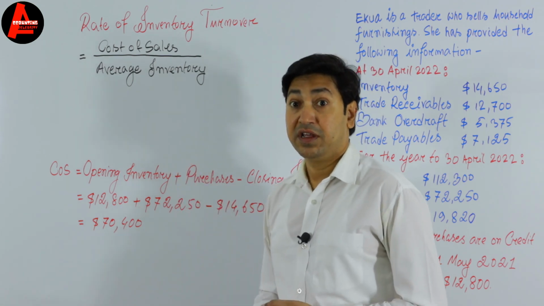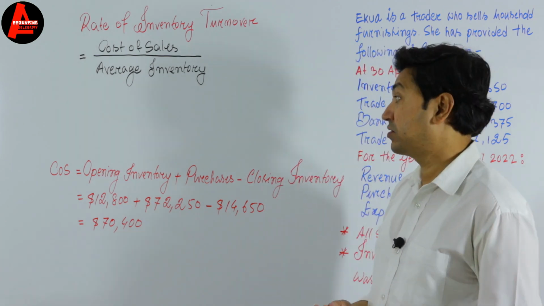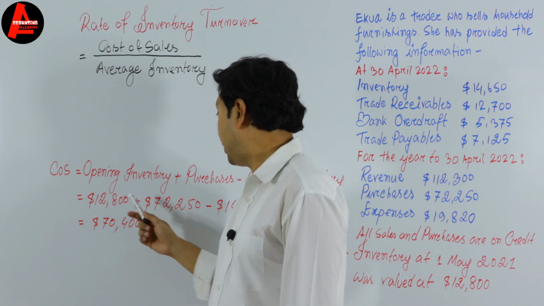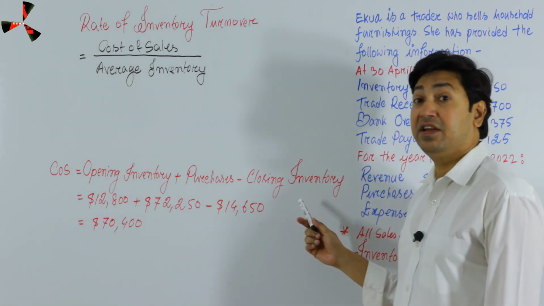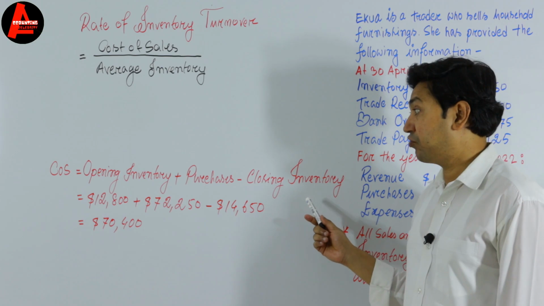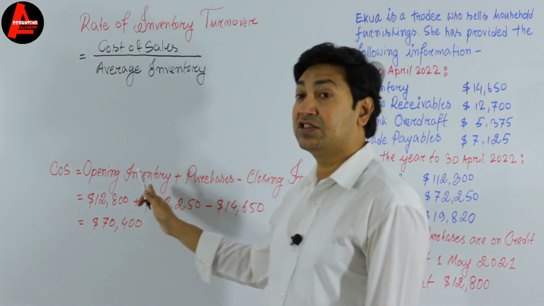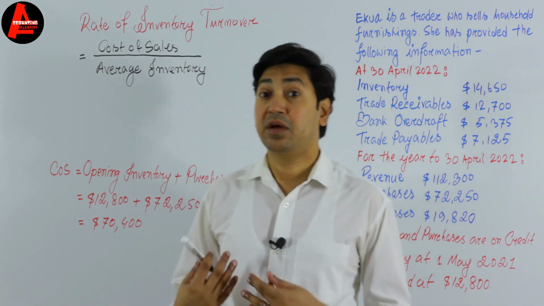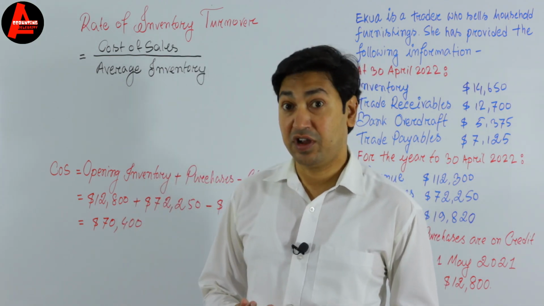Okay, so firstly, how to calculate cost of sales? We know cost of sales equals opening inventory plus purchases minus closing inventory. Here we have all these three items in this question. Okay, but sometimes you will have some more information.